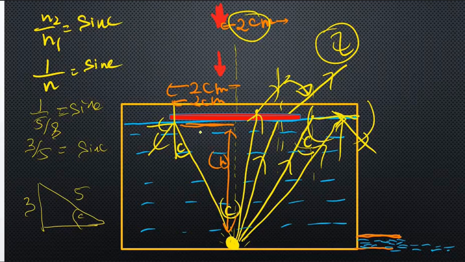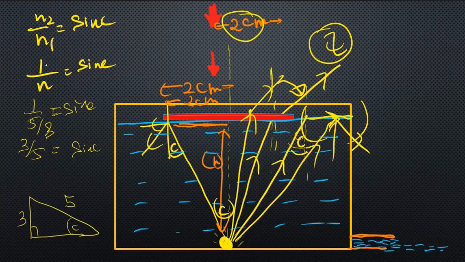To find the height we actually need tan C. Can you see that? Tan is the opposite side divided by the height. So we need to find this length. Tan is 3 divided by this length, so we can apply the Pythagoras theorem: 5 squared minus 3 squared, 25 minus 9 is 16, root 16 is 4.